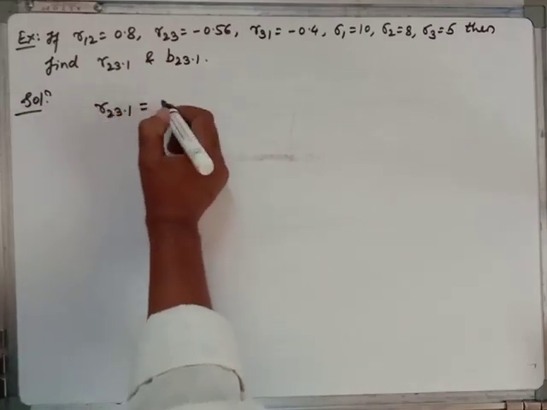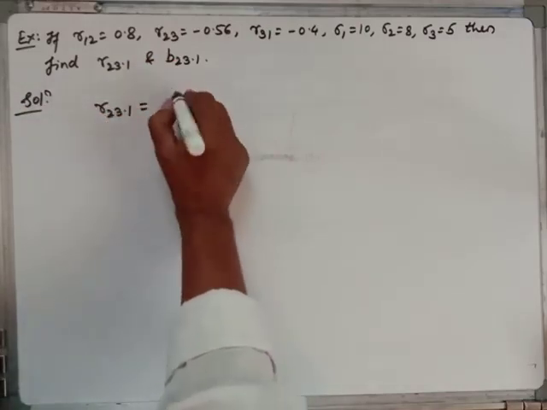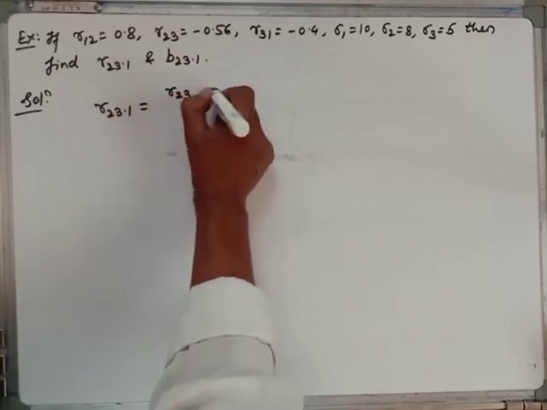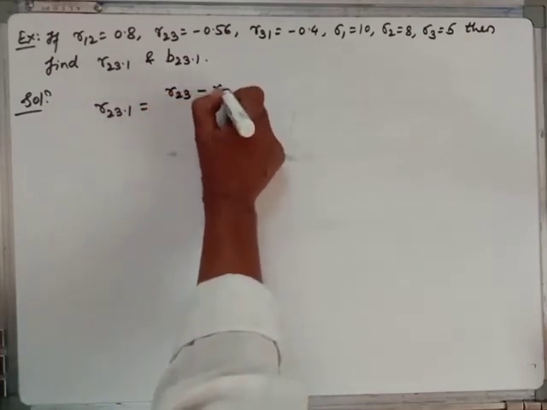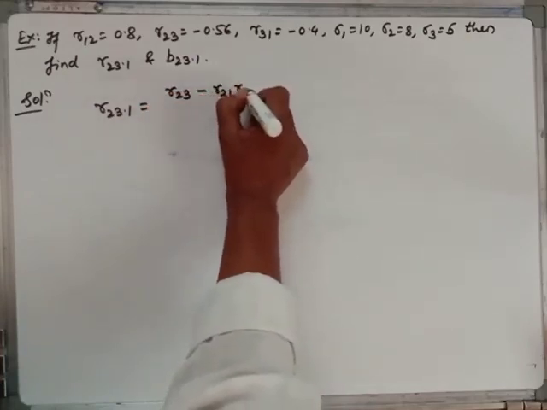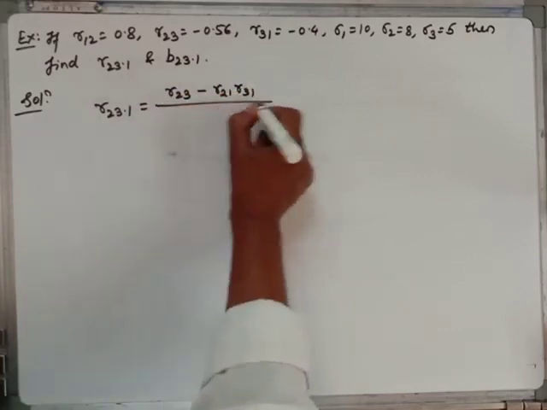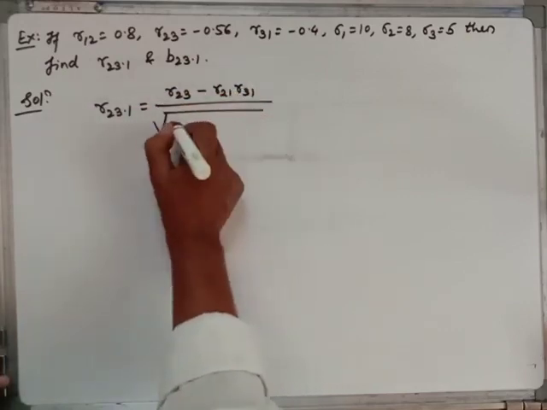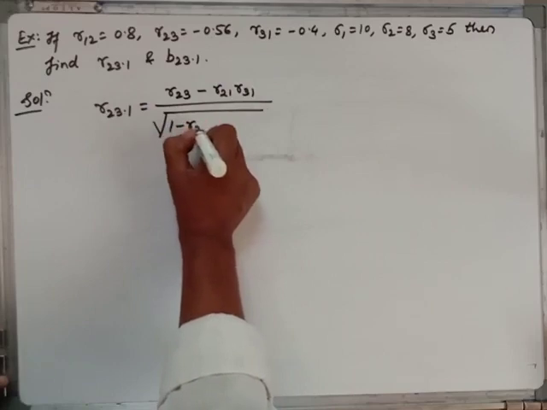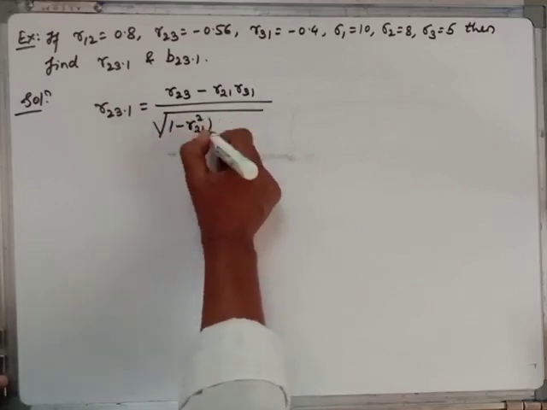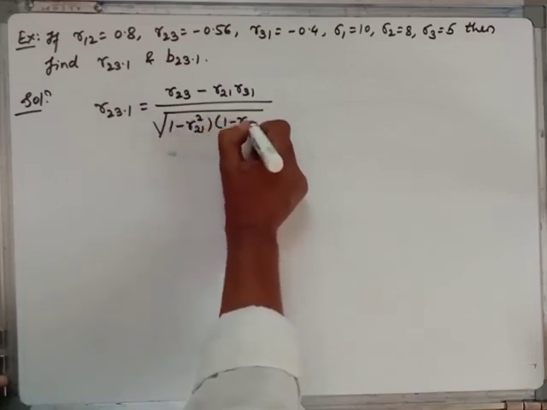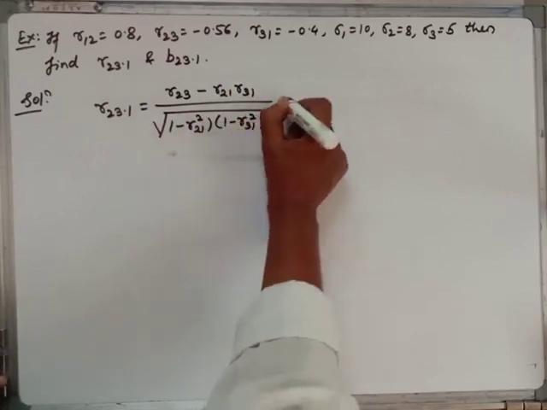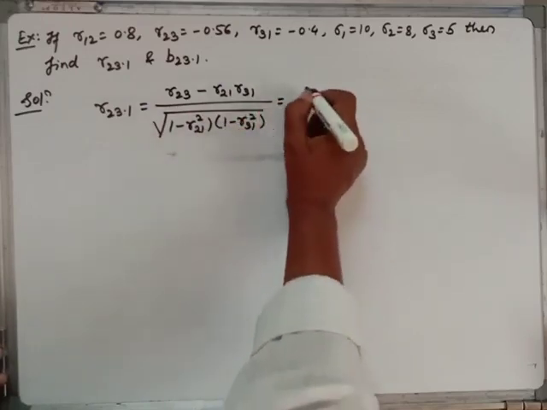Partial correlation, right? So it will be R23 minus R21 R31 upon root of 1 minus R21 square into 1 minus R31 square. So put these values, what we get?